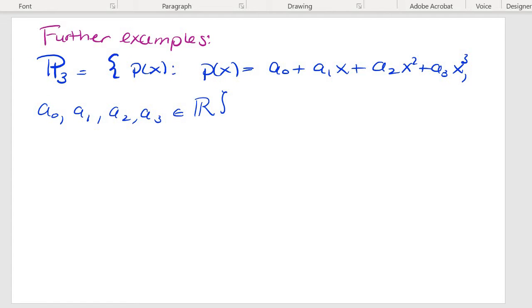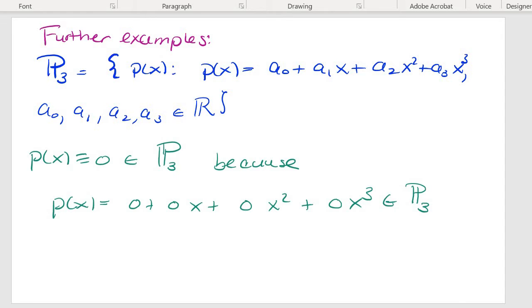So I wanted to start out with this example because Don was asking about it, just to give you more examples. This is the notation we have for the polynomials of degree 3, or actually 3 or less, but we just call it P3, because as you noted the other day, the a0, a1, a2, and a3 can be changed so that you can put any polynomial in there.